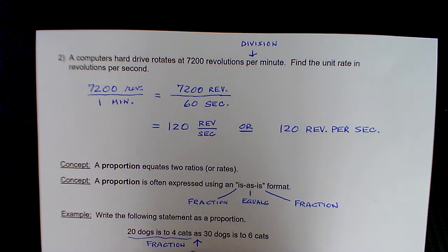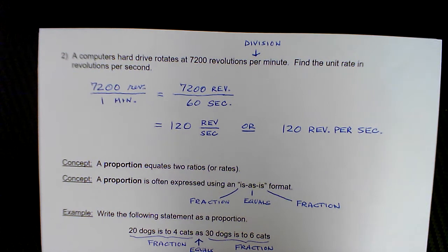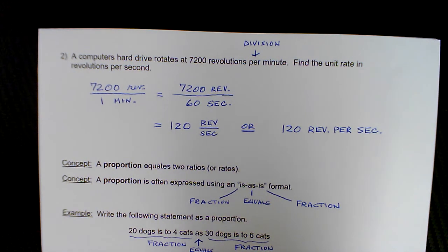The as means our equals. So is equal to, and then the 30 dogs is to 6 cats represents the second fraction. So equals 30 dogs over 6 cats. And that's all we're going to do with this for now.